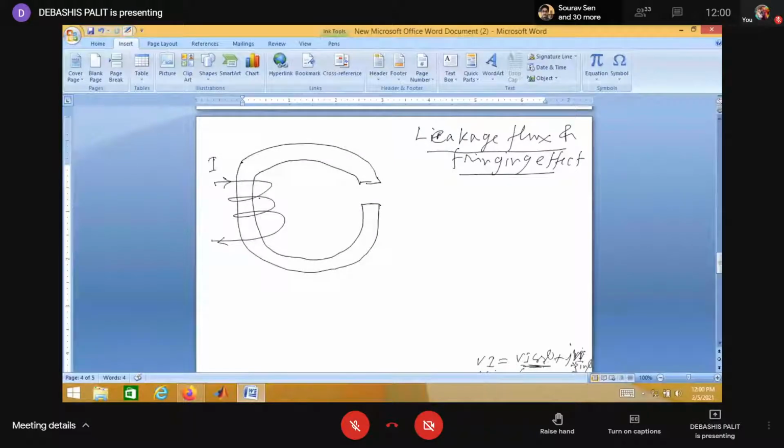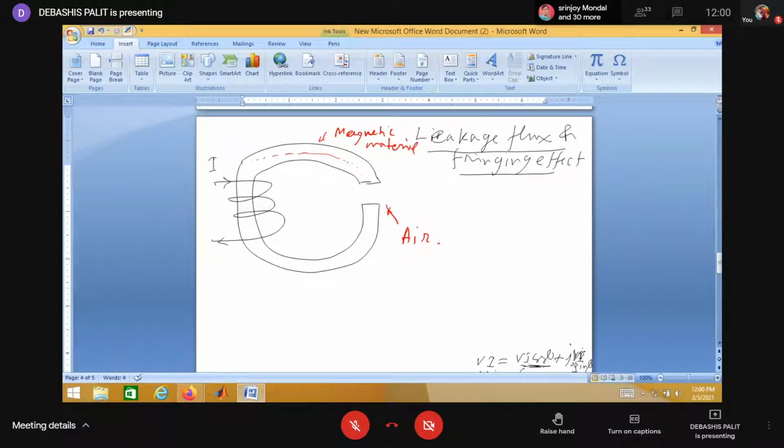When current I is flowing here, some amount of flux is flowing through the magnetic material. This is the magnetic material, and this portion is air.